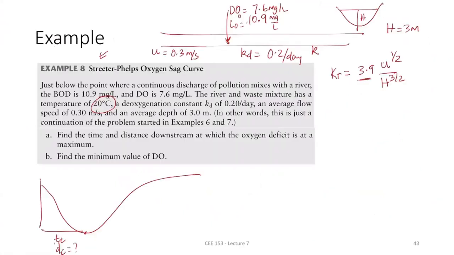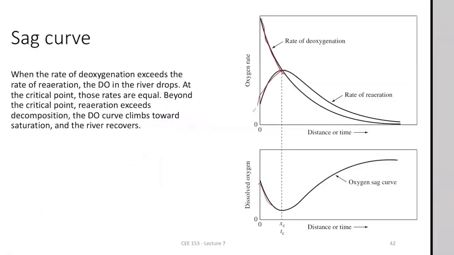So u is 0.3 meter per second, raised to 1/2, and the height, the depth, is 3 meters. You should be able to calculate that rate per day.